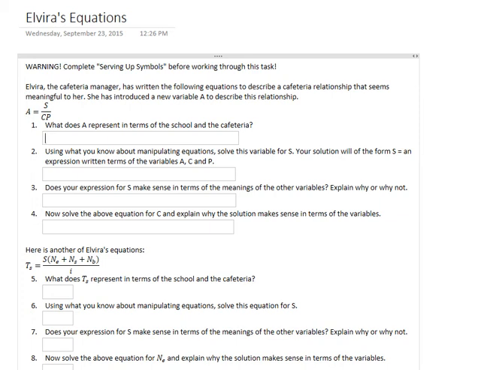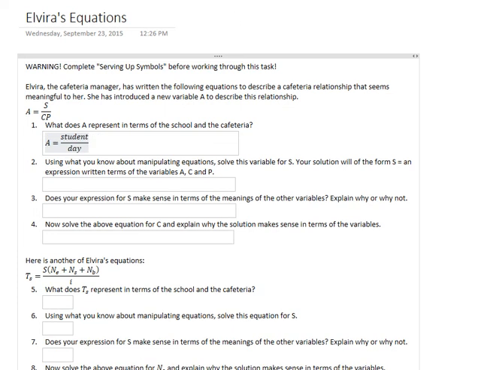Alright, so let me see here. We've got A equals S is student per day. And you'll notice that I'm breaking up the fraction a little bit. That's because if I were to write fractions on top of fractions, it gets very messy.